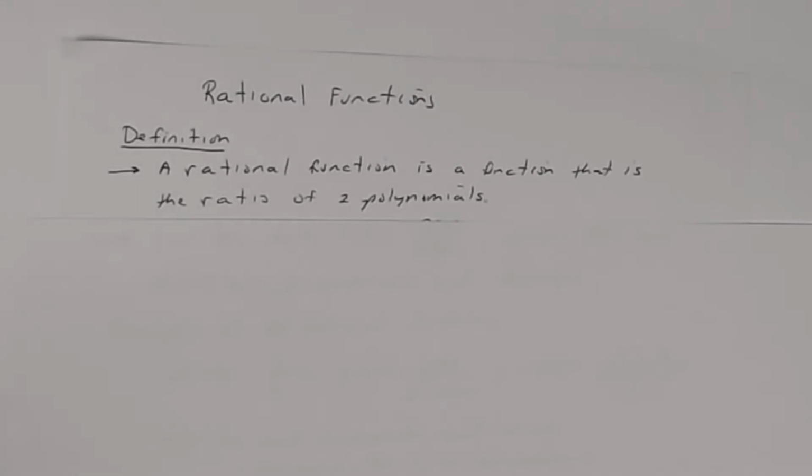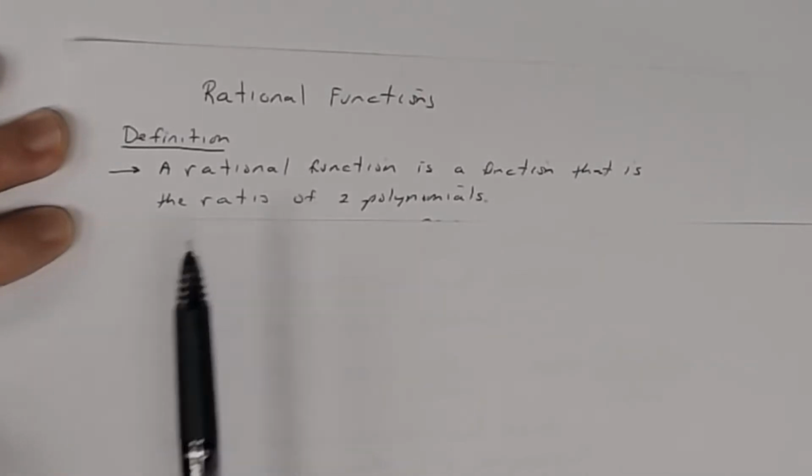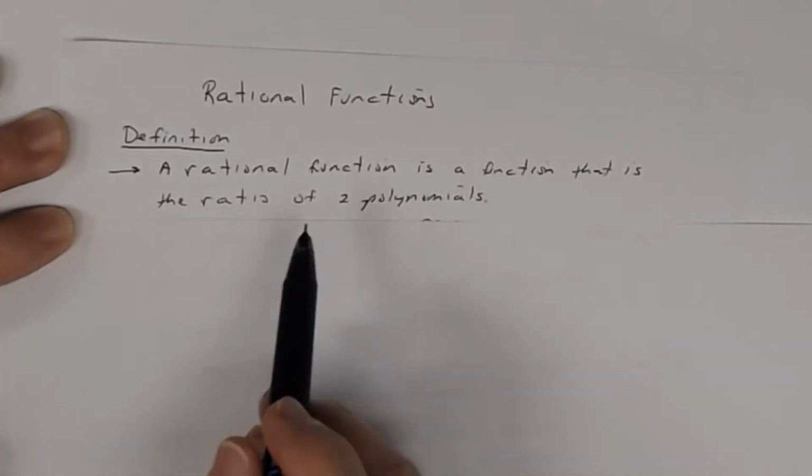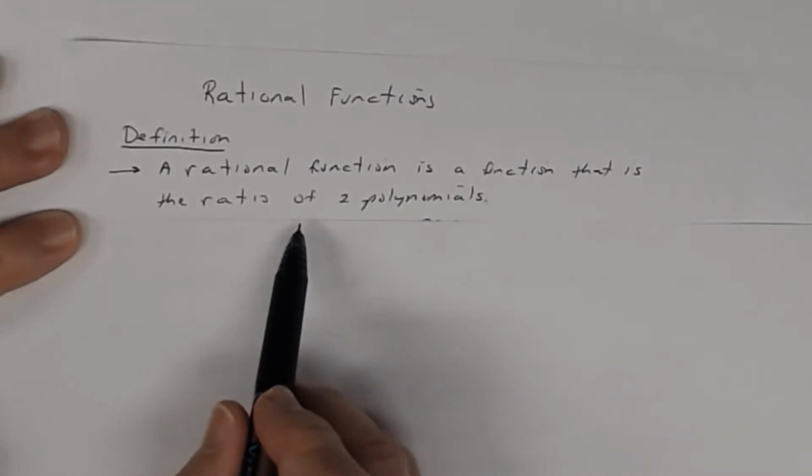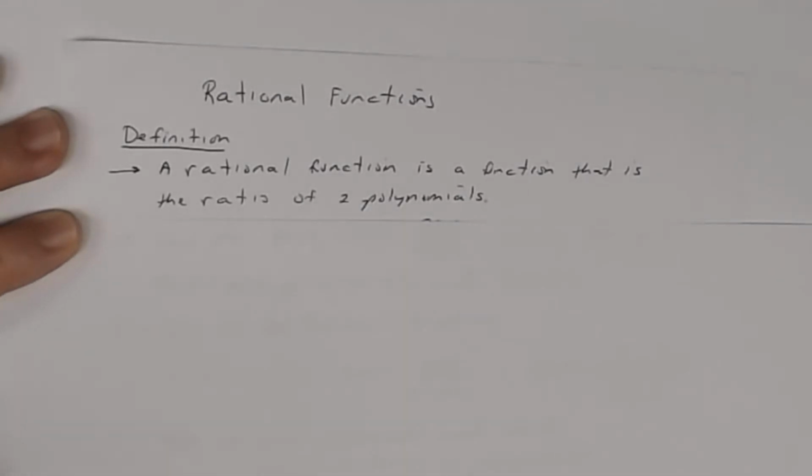We did spend a brief amount of time on determining the domain of rational functions in a previous lesson. So part of this will be review and part of it will not. But let's remind ourselves about the definition of a rational function. So remember, a rational function is a function that is a ratio of two polynomials.